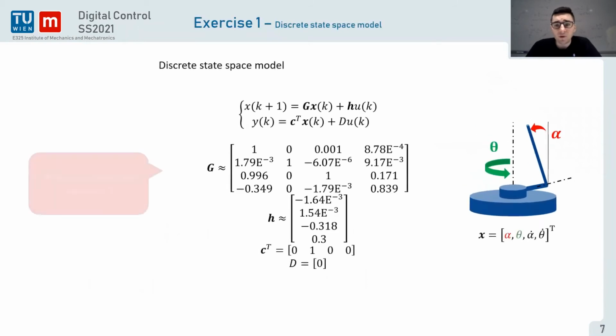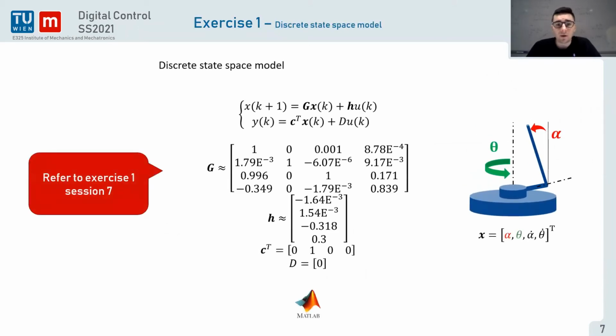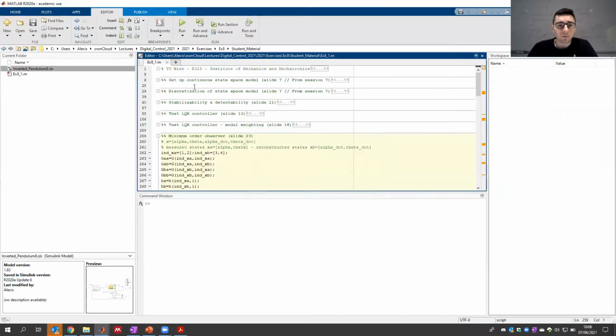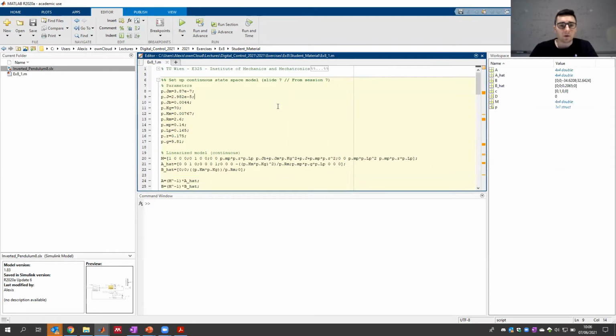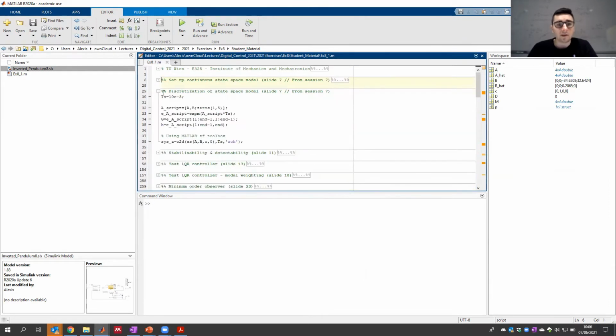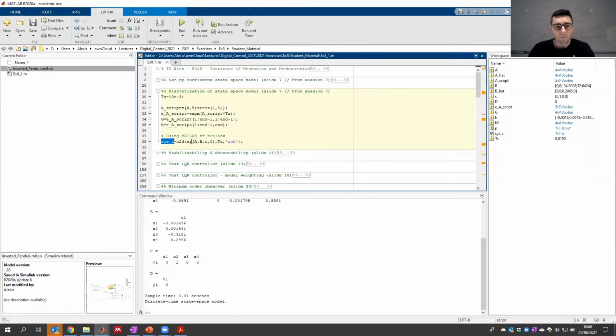So I'm not going to redo everything, but just reuse the discrete state space model that we found using the zero order hold method. If I open MATLAB to load the system, it's exactly what we did last time: a bunch of parameters, the matrices M, A, and B, then inverting M, and we can find the discrete system.